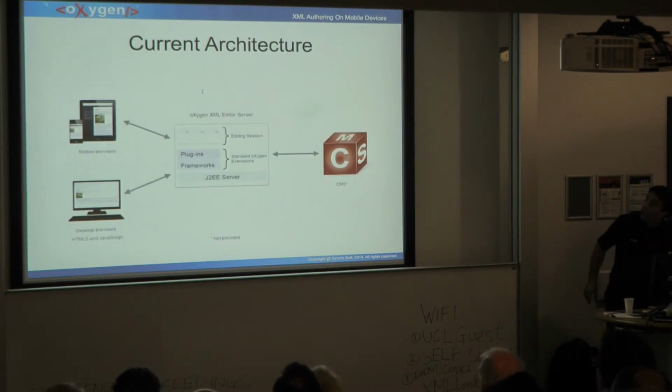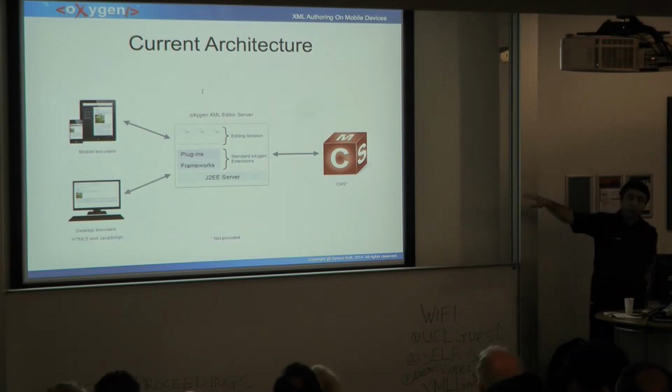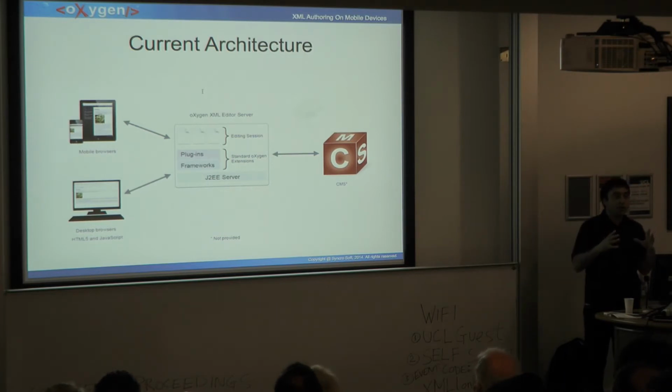This is the current architecture where we have Oxygen running on the server side. You can have frameworks, meaning a collection of resources to support an XML language, like this book, or like data, and so on, like schemas, CSS style sheets, custom operations, and so on.